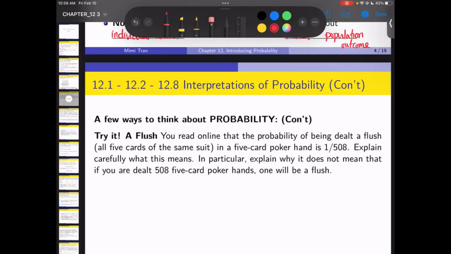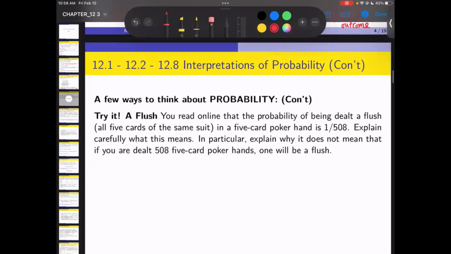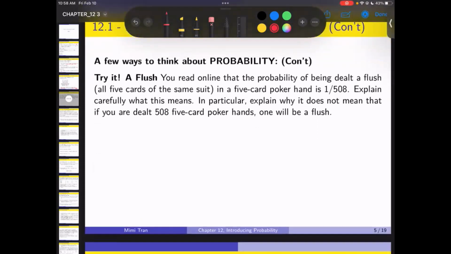So you would write like this: 1 out of 508 means that in a long run of a large, how large? Quite large number of five-card poker hands.